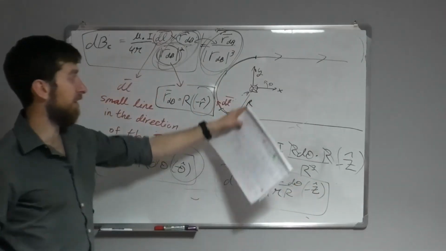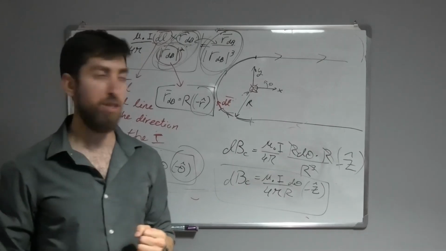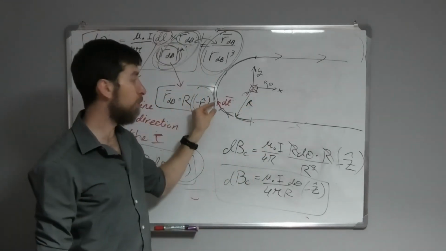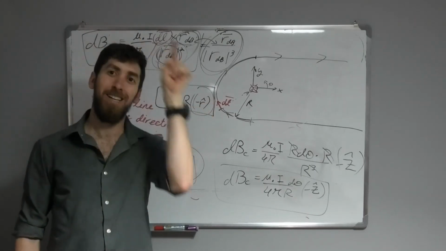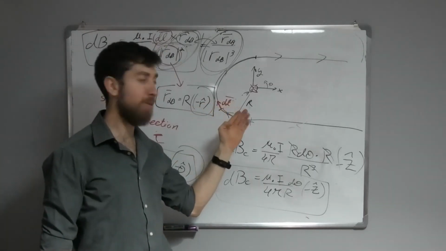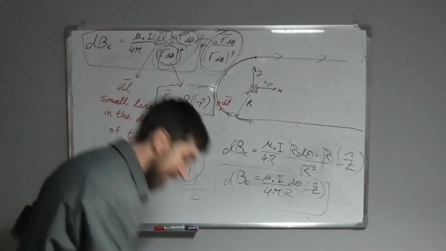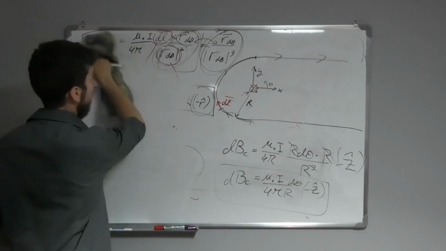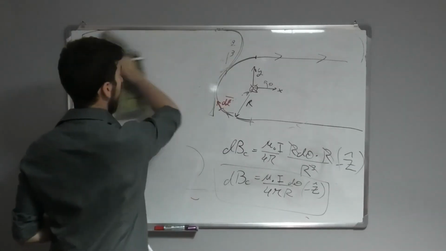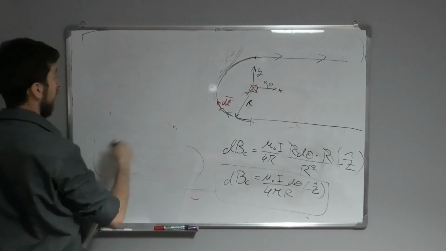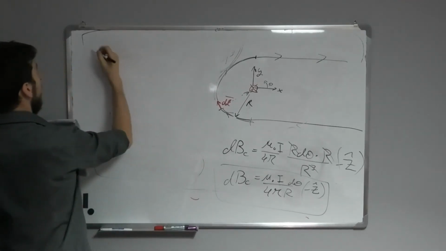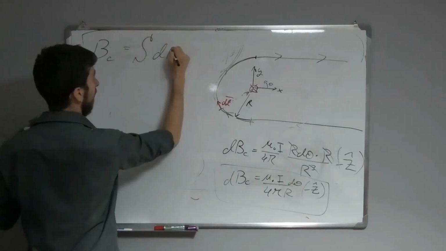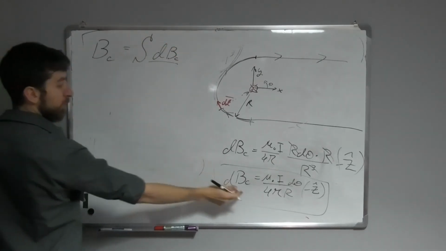So this is the magnetic field, not exactly the whole thing, because it's just a small dl. We actually have half of a cycle to go. So let's clean the rest of the board. If we want the whole cycle, we need to say that B of the curved part is the integral of all the small curved parts, which we just found.